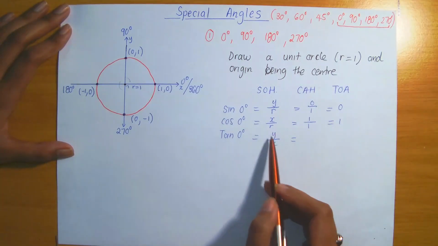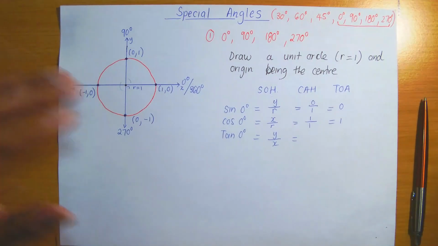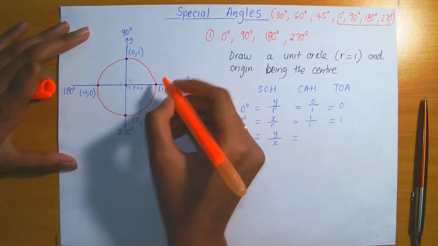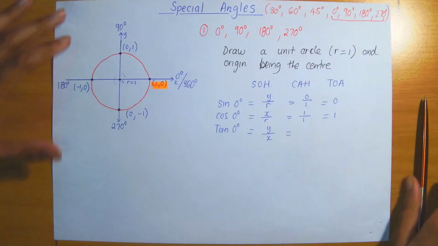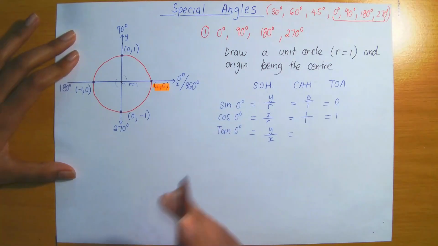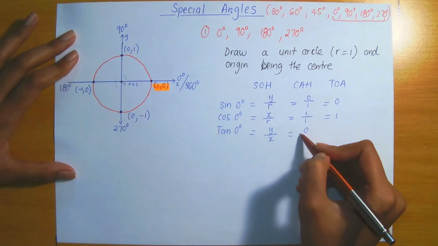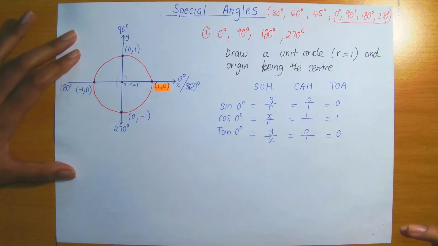And tan of 0 is y over x. Looking at our coordinate, x comma y, remember, I am working with that coordinate when computing these ratios. So x comma y is 1 comma 0. Therefore, this is 0 divided by 1, giving me a final answer of 0.